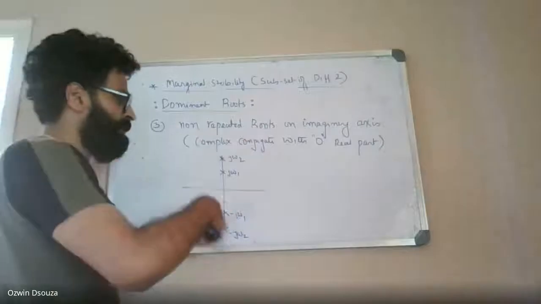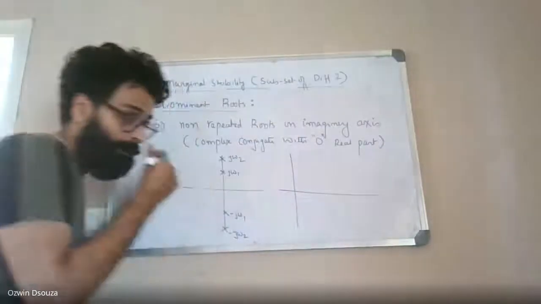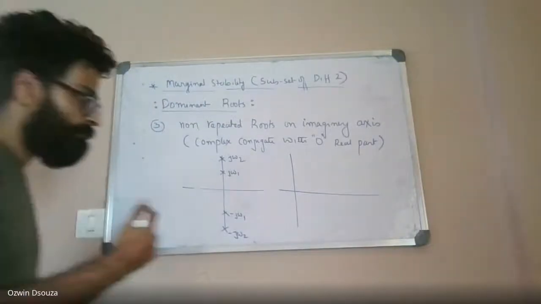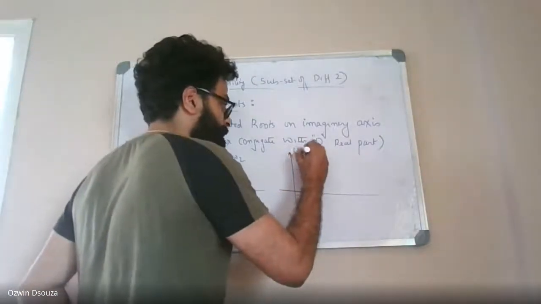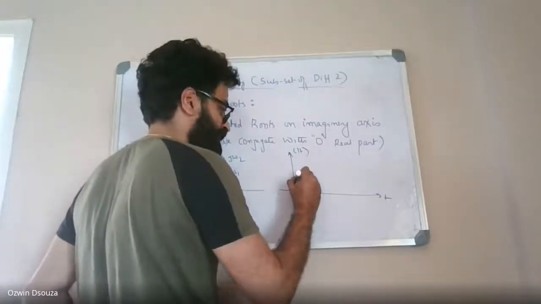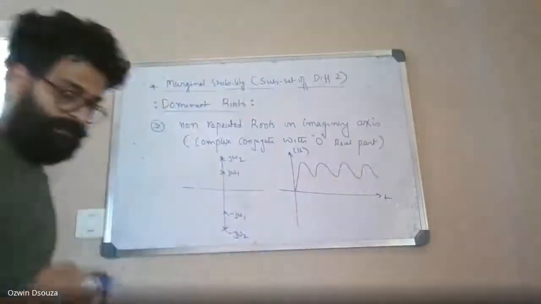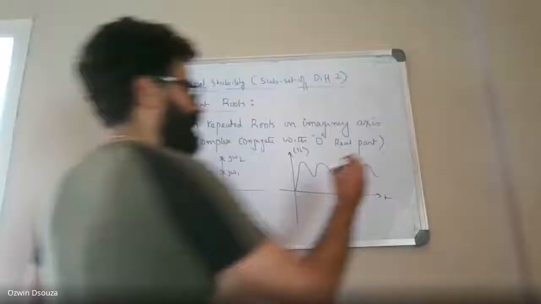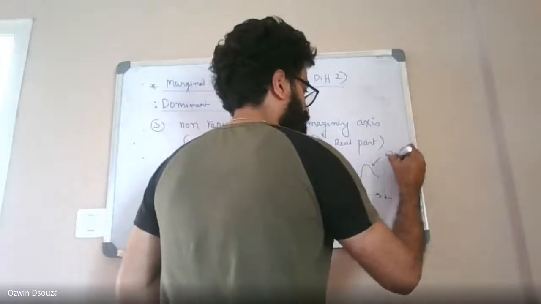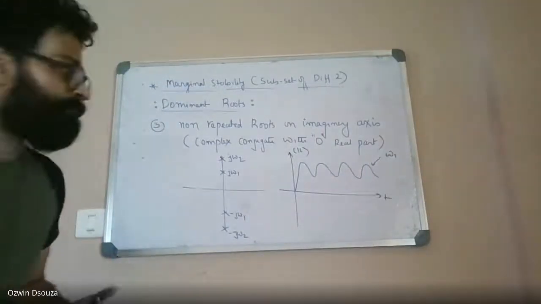So whenever you have a pole zero plot of this kind, your C of t basically takes the following shape. Okay, so it oscillates at, let's say, frequency omega 1. Your output consists of two parts.